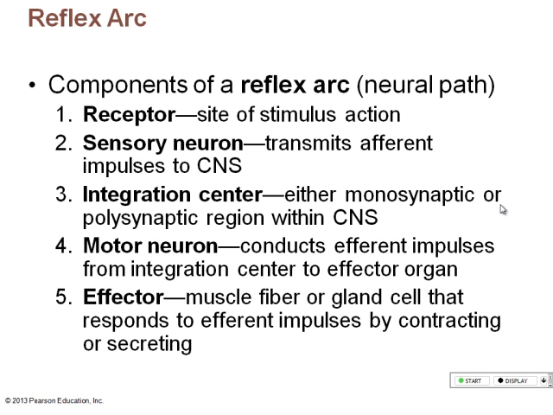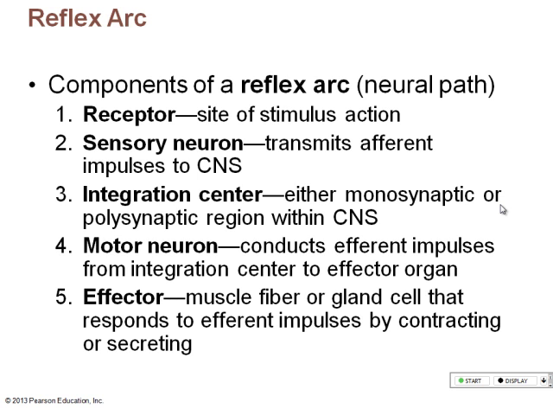Or it protects what? Protect your eyes, exactly. So, a reflex always starts with something that's going to detect that stimulus, called a receptor. Then we're going to take that information and send it where? Send it to the central nervous system, right?